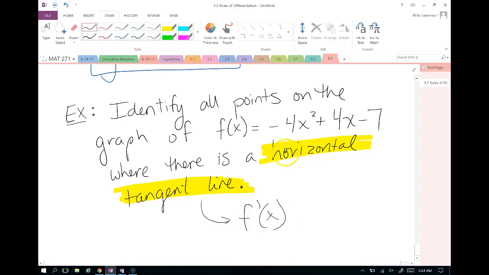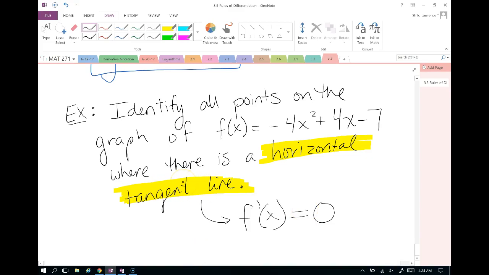And what kind of slope does a horizontal line have? We talked about that in the last section. Horizontal lines have a slope of 0. So this question is asking us to find where derivative equals 0.